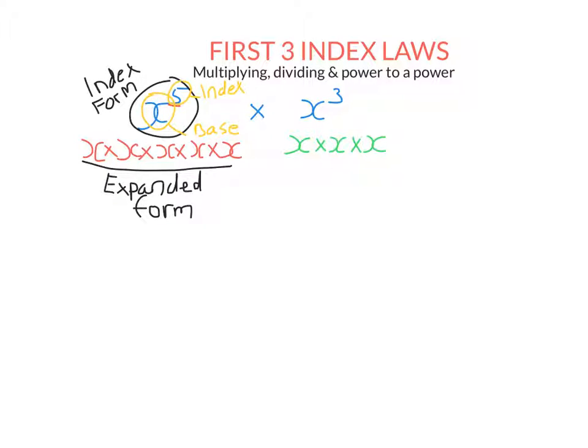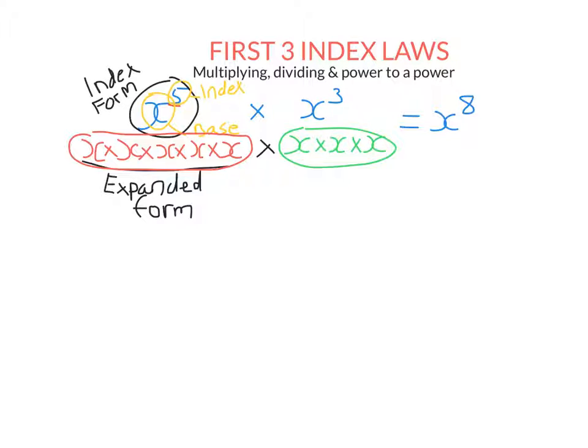So how can we simplify x to the power of 5 times x to the power of 3? Well, we have x to the power of 5 times x to the power of 3. You can see that there are 8 x's multiplied together. So if you multiply x by itself 8 times, that's just x to the power of 8.